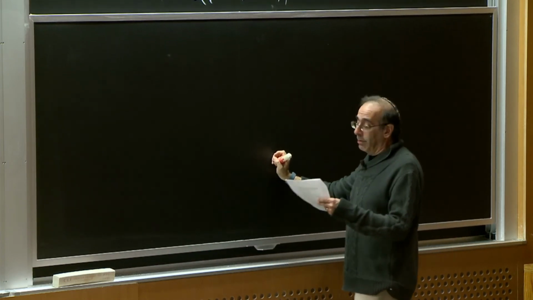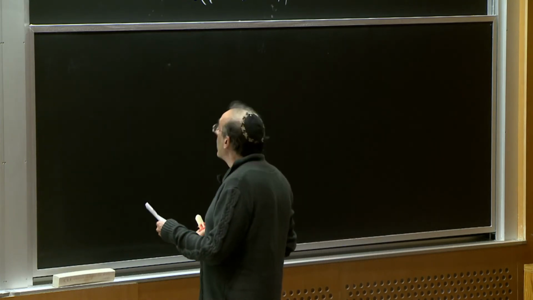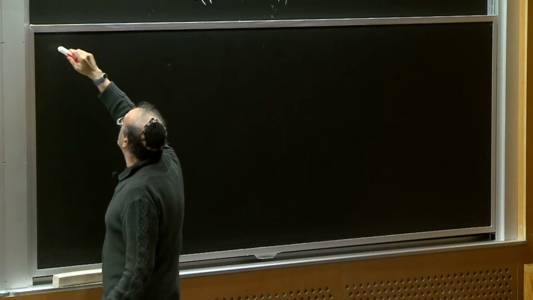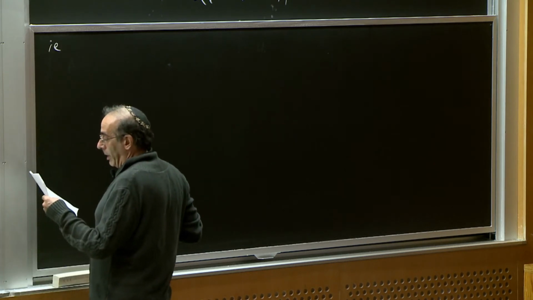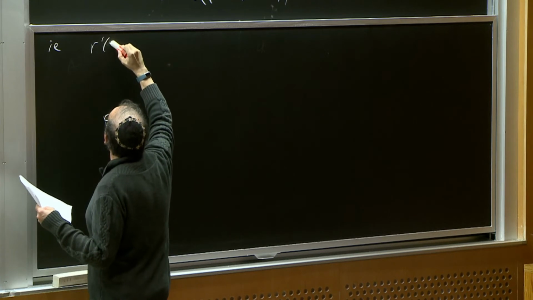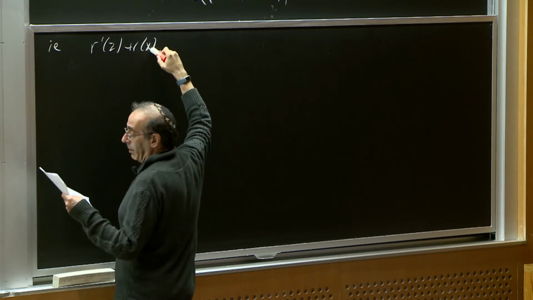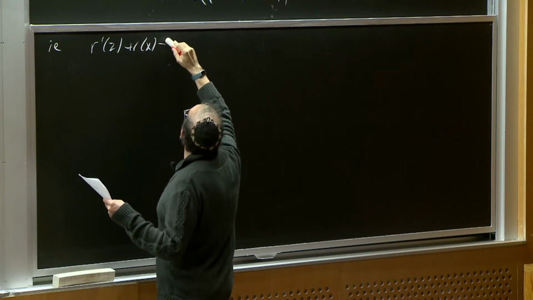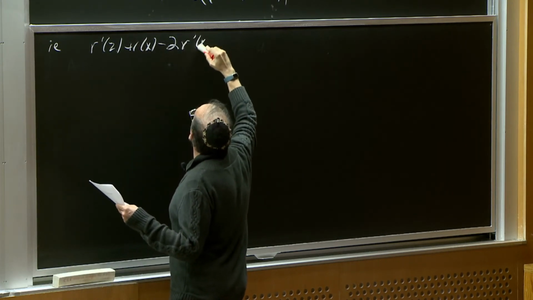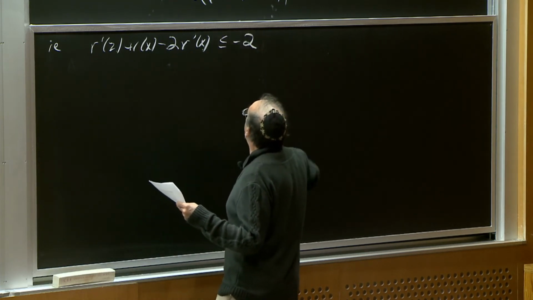Okay, so all we have left to do is to prove this upper bound that remains. And if I rearrange this, what I need to show is that r prime of z plus r of x minus 2r prime of x is less than or equal to minus 2.